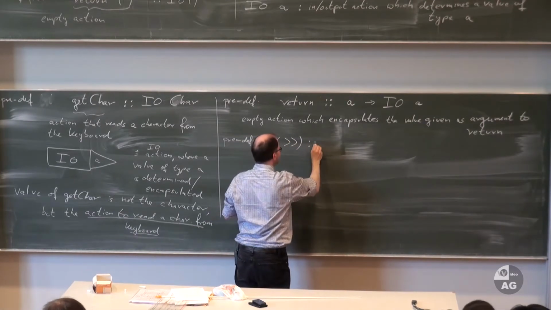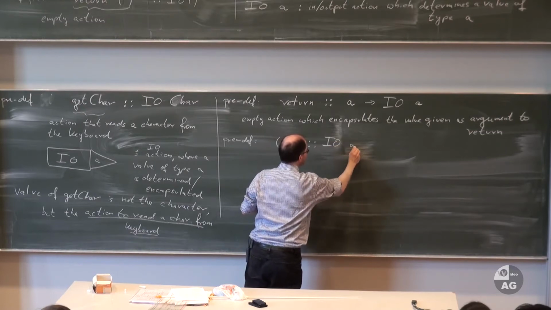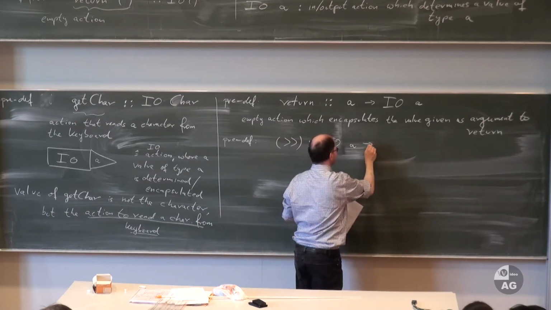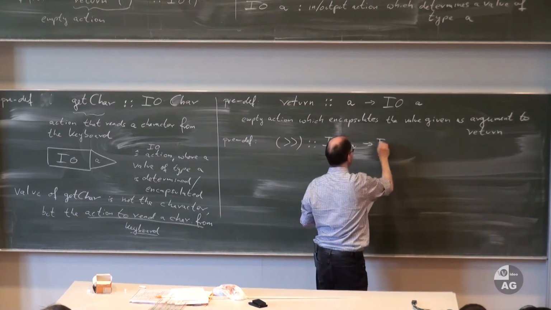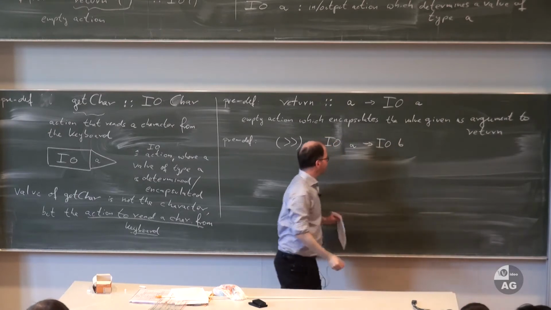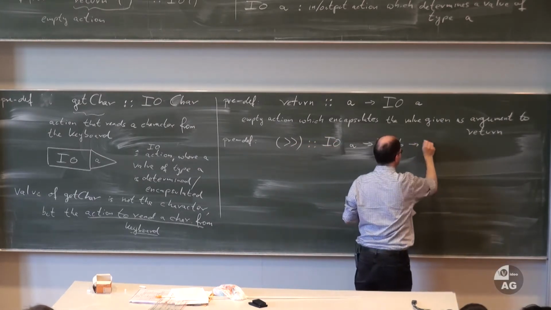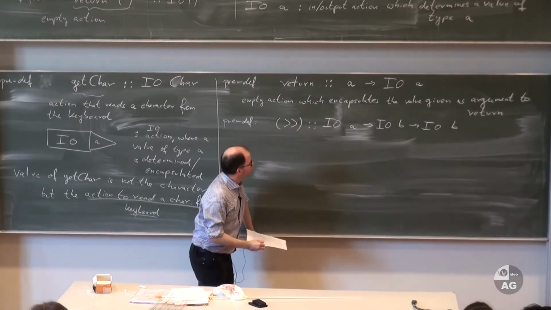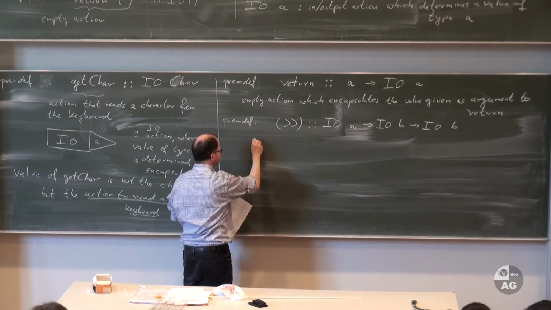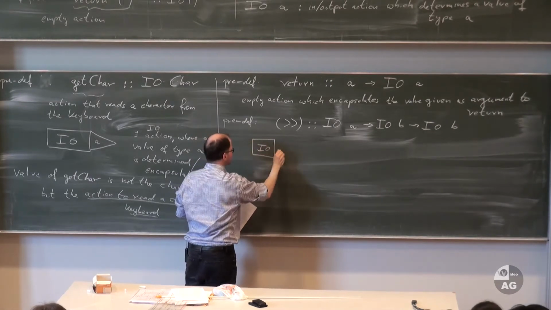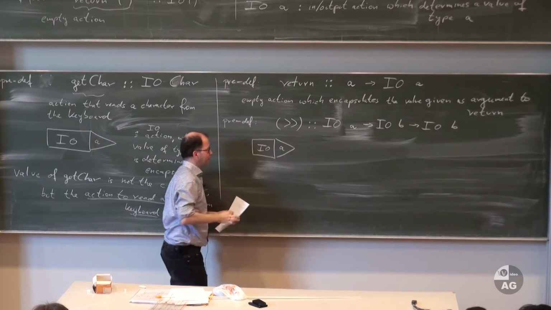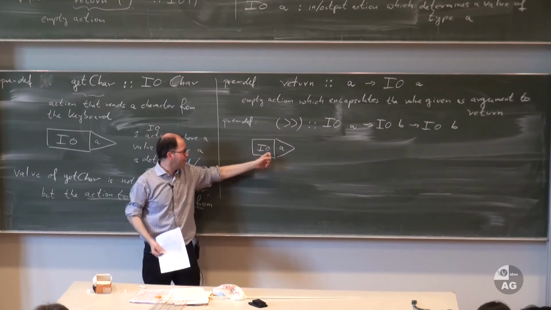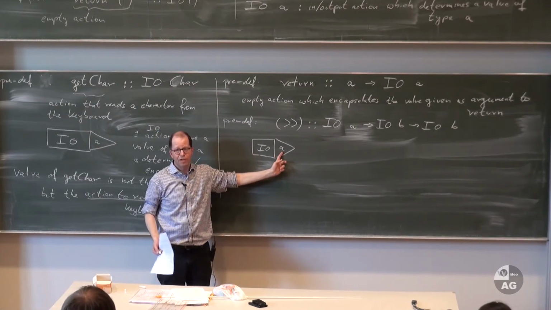It can start with an IO action that determines a value of type A. The second argument is an IO action that determines a value of type B. And the result is an IO action which also determines a value of type B. To depict what happens here, we can look at the graphics. The first IO action determines a value of type A. You can think of this as, for example, taking getCharacter, which determines a value of type character.